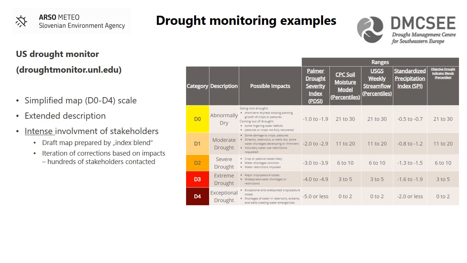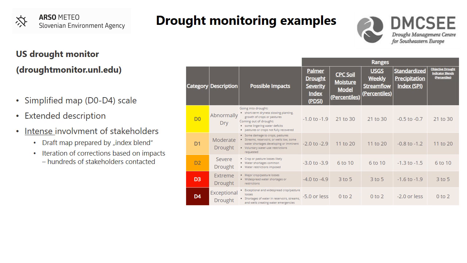But after the preparation of the draft version, there is intense involvement of stakeholders. Hundreds of cooperating organizations or partners that wish to be involved in the preparation of drought monitoring products, or even farmers and so on, are contacted, and they give their observations on how they see the matching between different drought levels and the impact that they are observing on the ground or in the vicinity of their location.